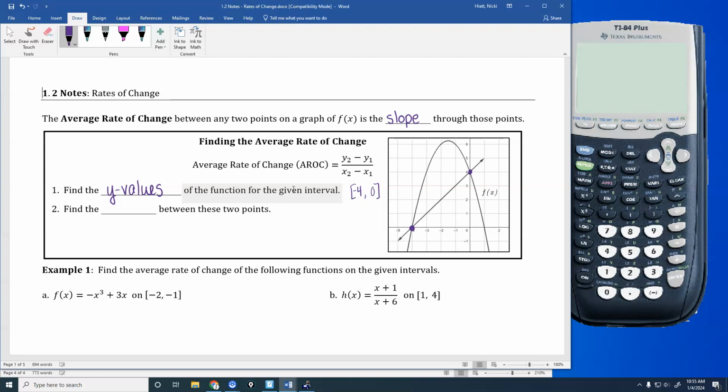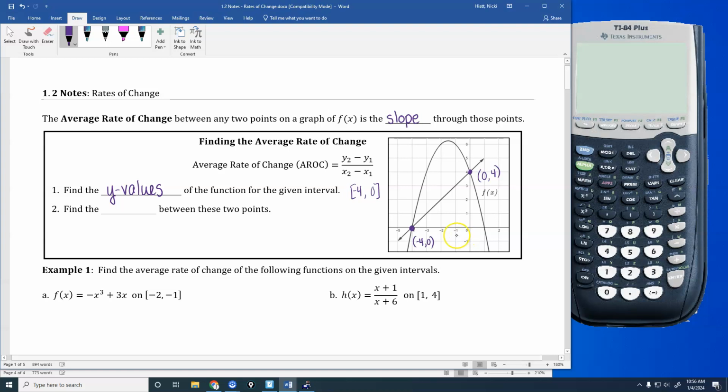You would need the y values to go with it, right? This one's not the best example because it seems confusing, where they're all 0s and 4s. But you would need the y values that go with it.